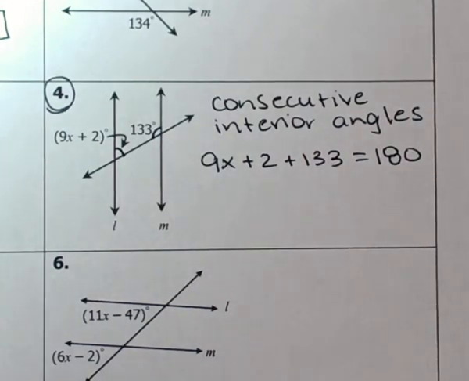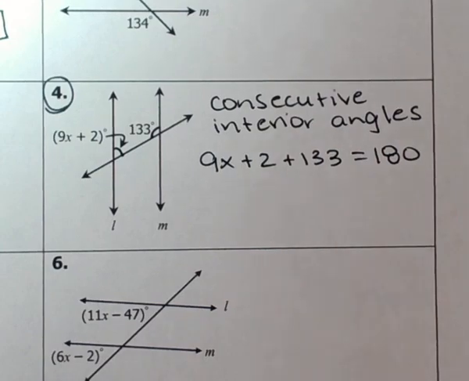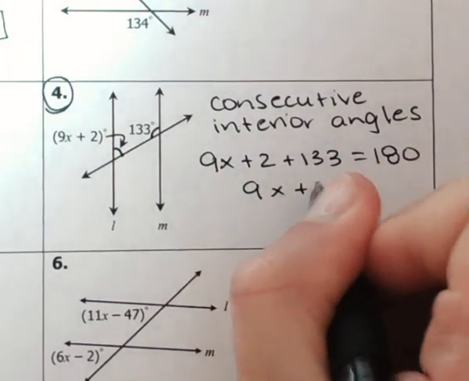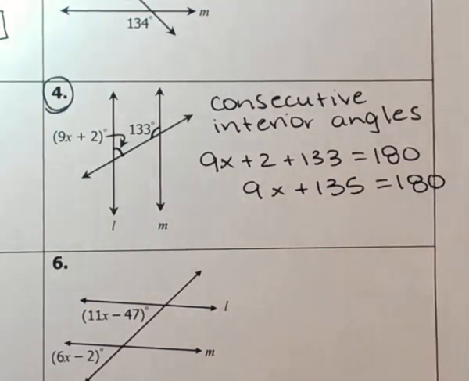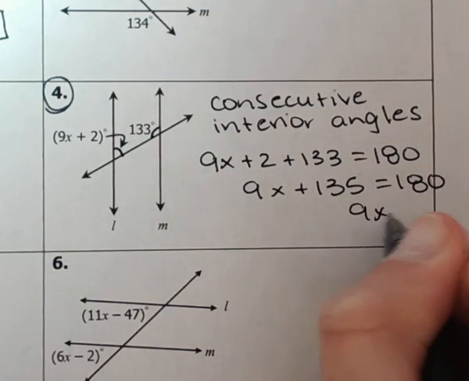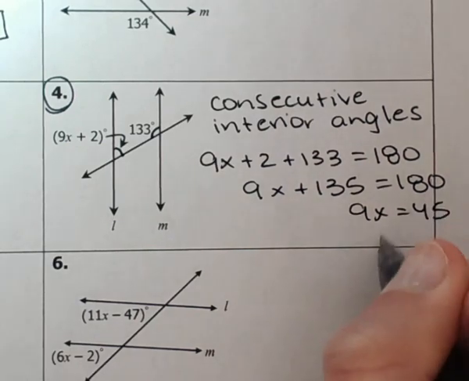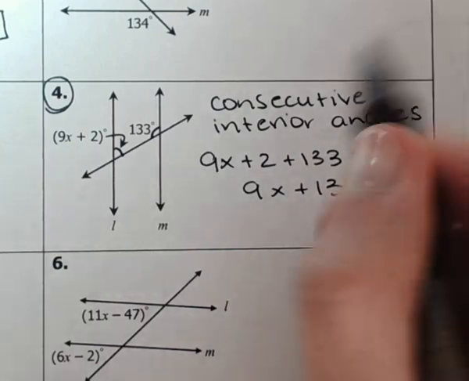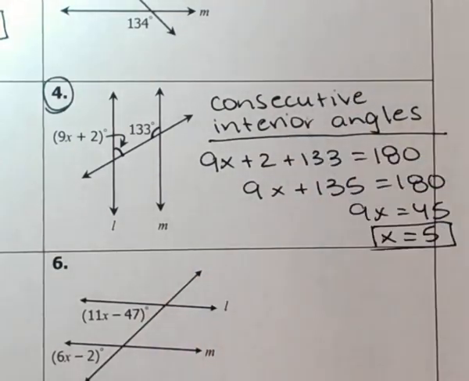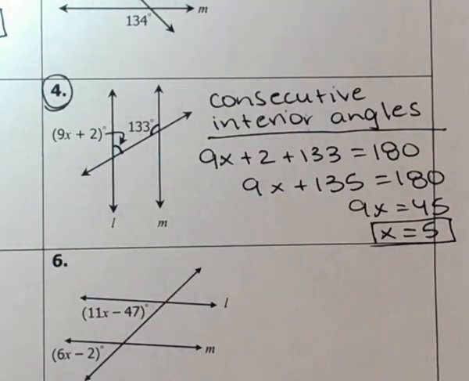So this setup's a little different than what we did on number 1. And x equals positive 5. And again, consecutive interior is also called same side interior.